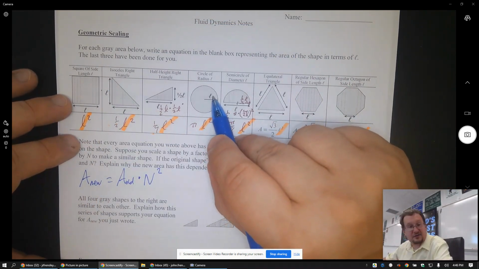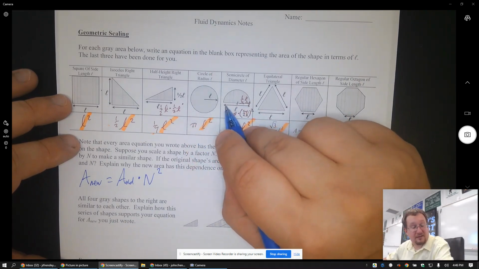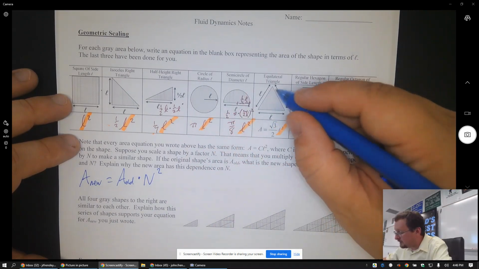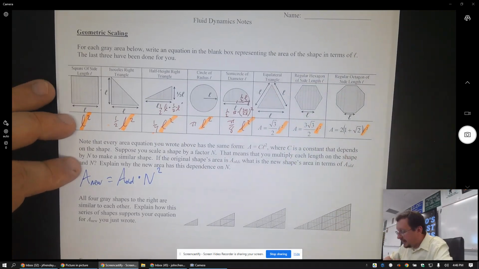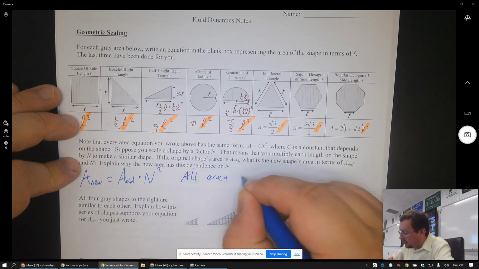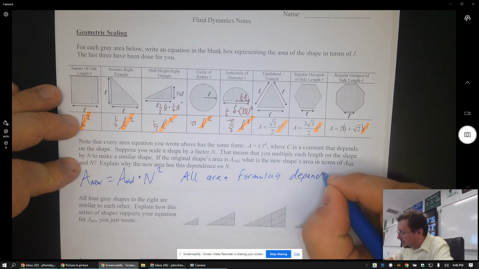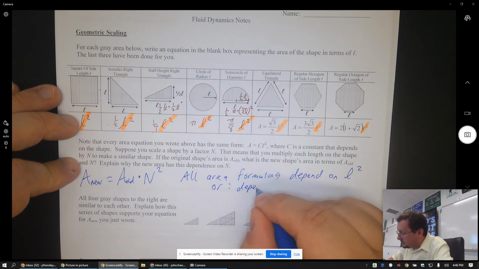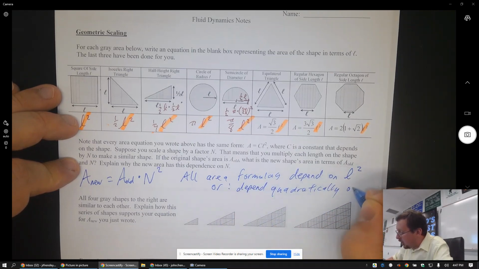If you make the radius of the circle 10 times the radius, that's 100 times the area. If you make this diameter 10 times as much, that's 100 times the area. If you make these L's all 3 times as much, that would be 9 times the area. That's what I want students to take away. Explain why the new area has this dependence on n, because all area formulas depend on L squared, or you can say depend quadratically on length.